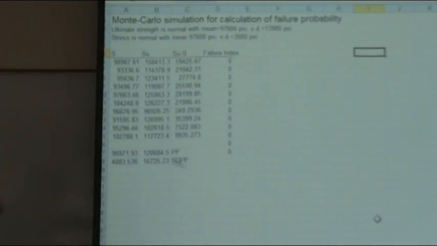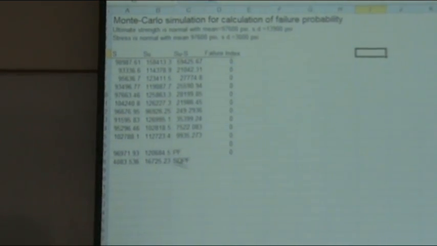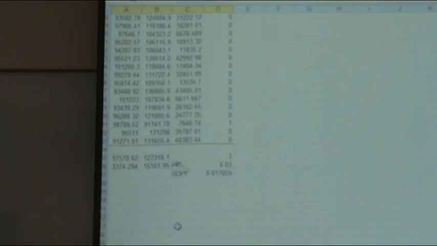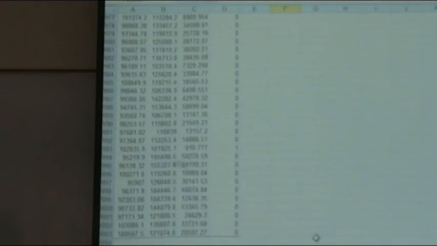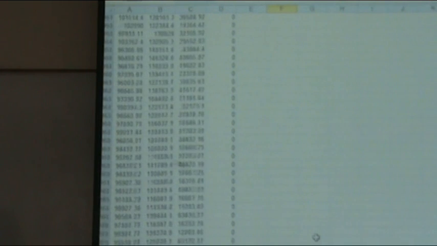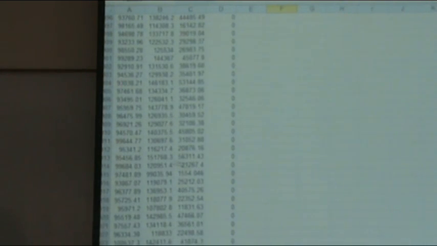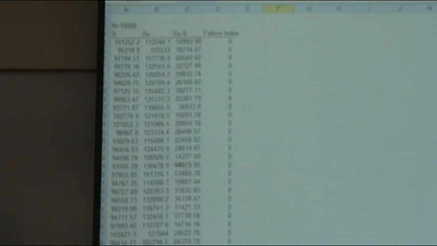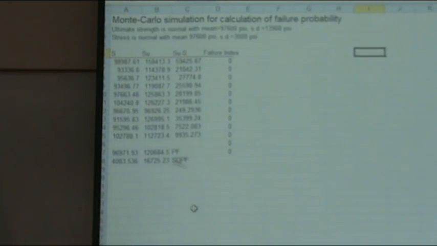Maybe these values that are written there don't look right. The statistics. Let me check with other values. Okay, the spreadsheet unfortunately needs to be updated.